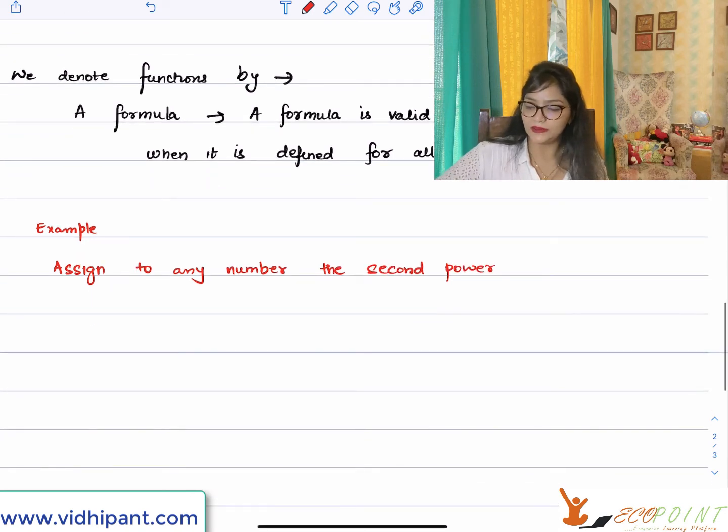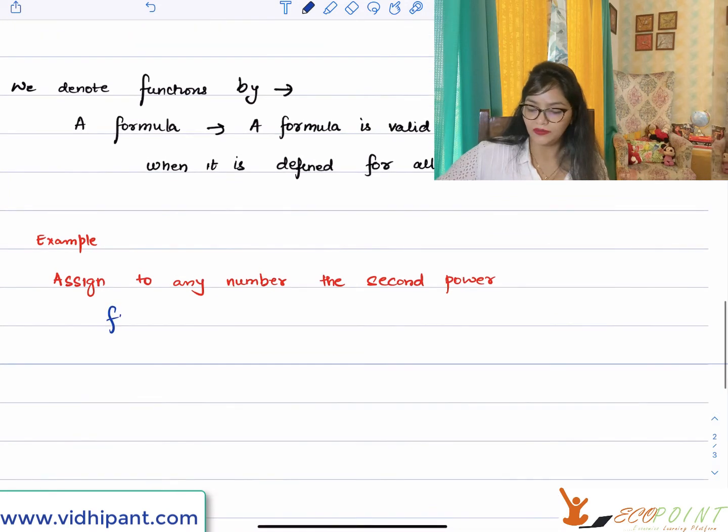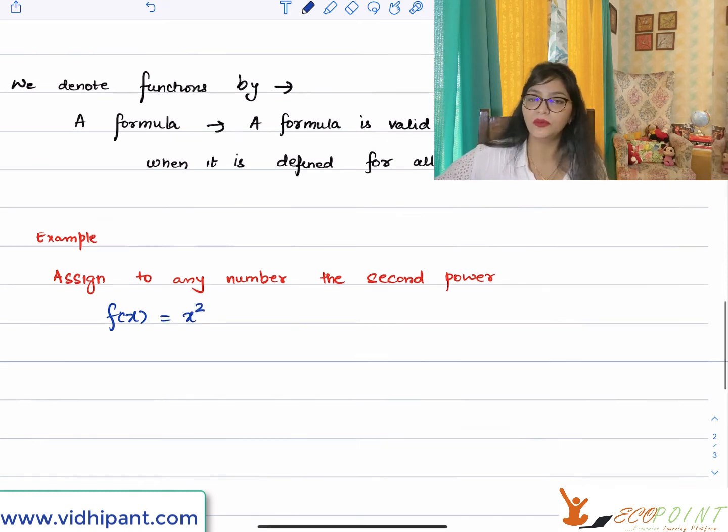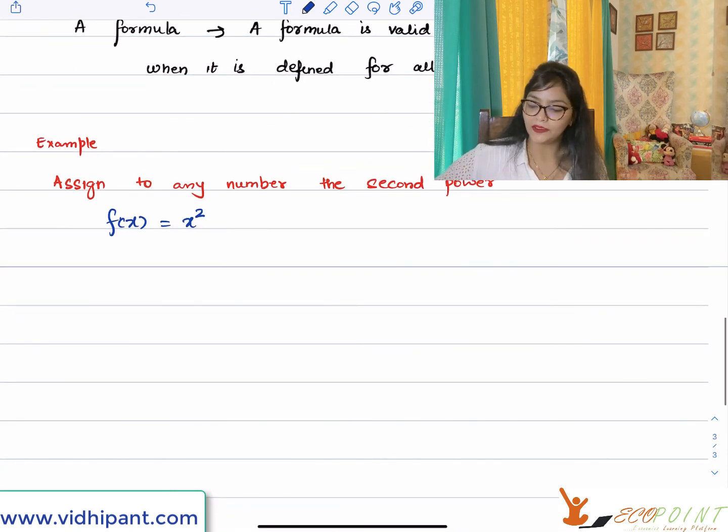So this means that the function would be, if x is my input, then f of x, I'm saying give it power 2 or square it. So it's going to be x square. So x square will be the function.